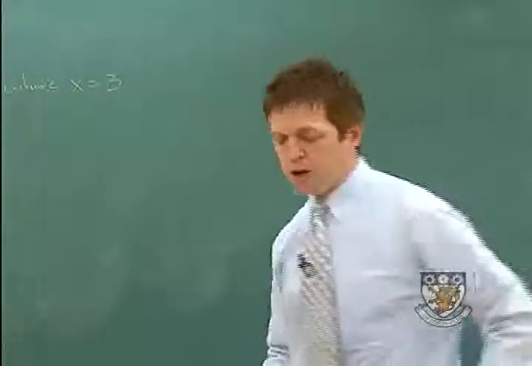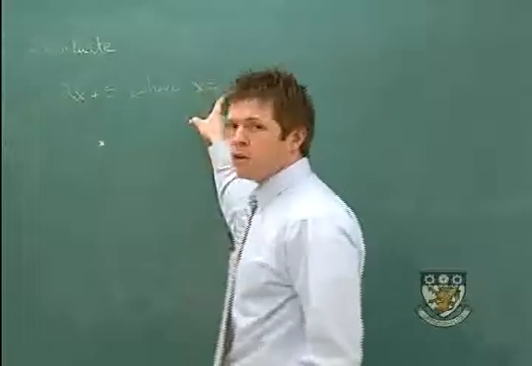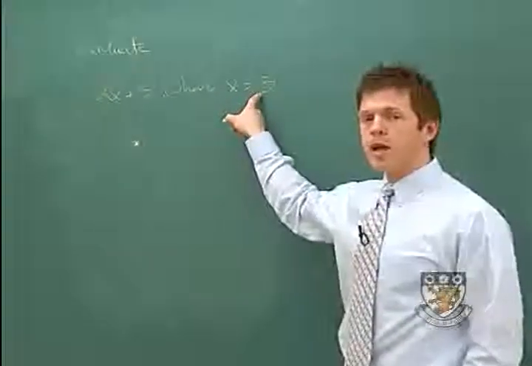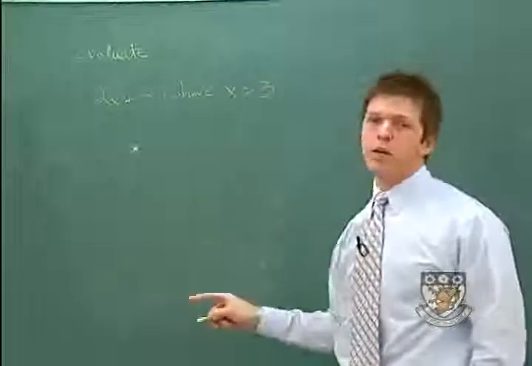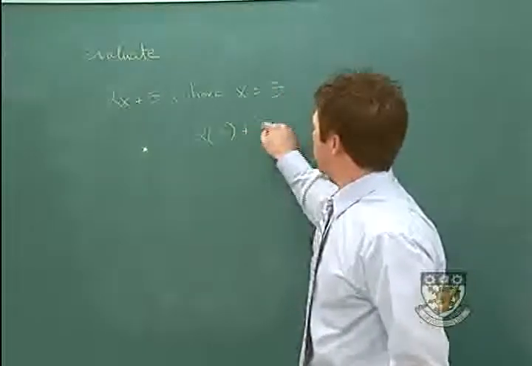So wherever we see an x, we're going to plug in a 3, because for this particular problem, x is going to equal 3. So 2 times 3 plus 5.